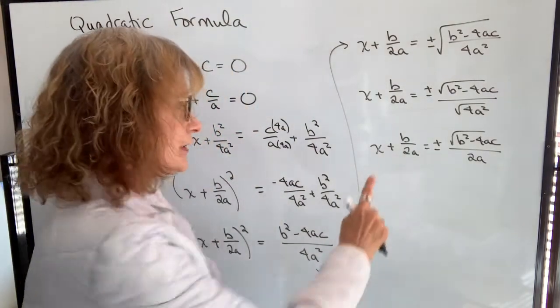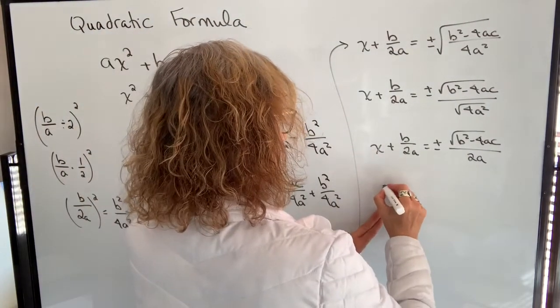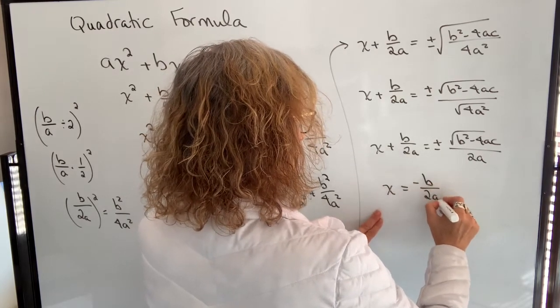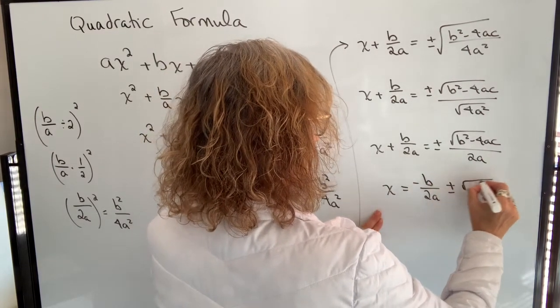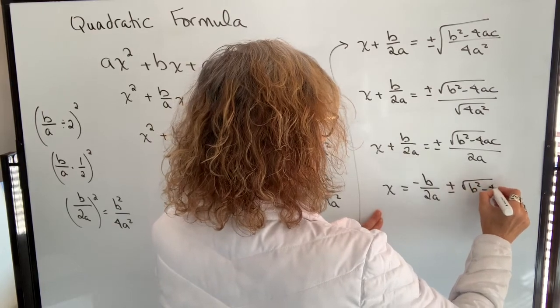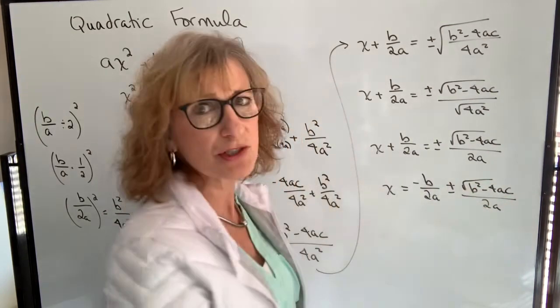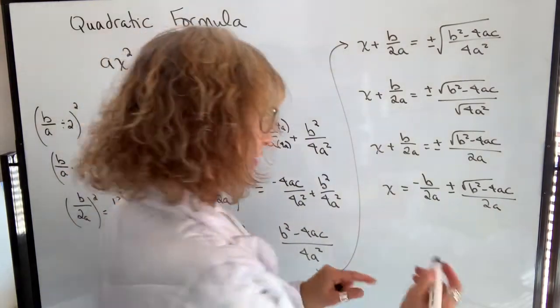Now I want to isolate x, so I'm going to subtract b over 2a from both sides. I have a common denominator, so I can combine those numerators.